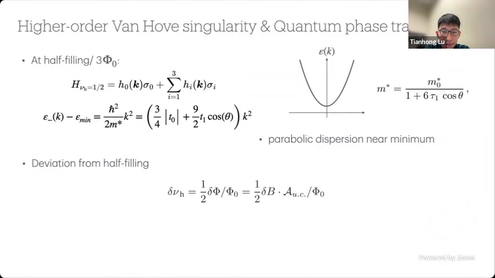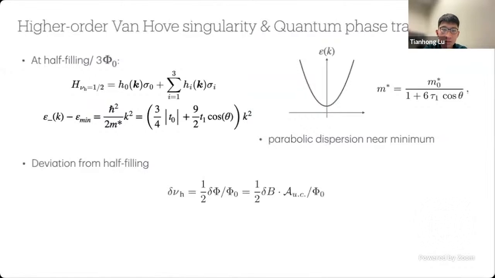And the coefficient is heavily determined by the lattice parameters. The parabolic dispersion means that at the minimum, the first derivative is 0, and the second derivative is influenced by lattice parameters, which could also be 0.